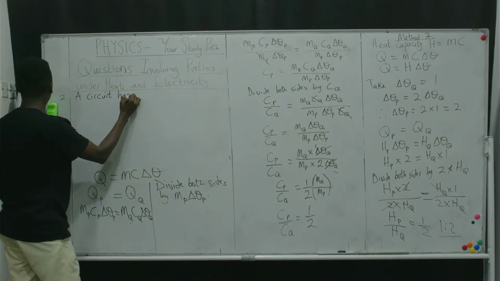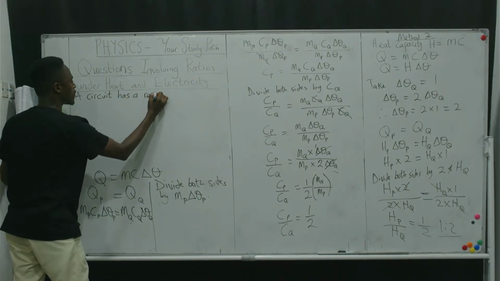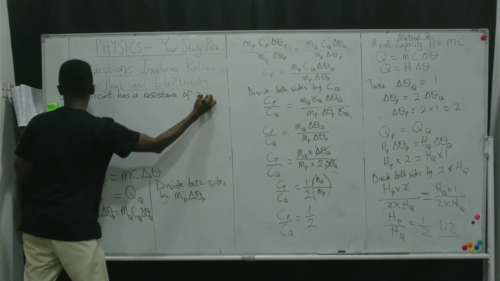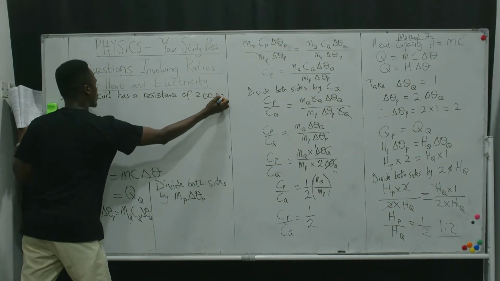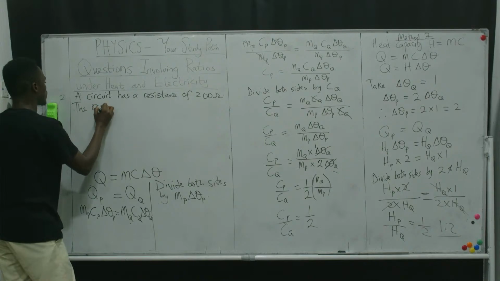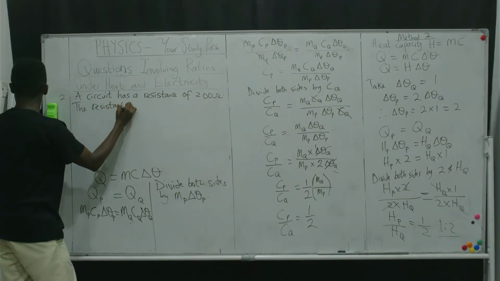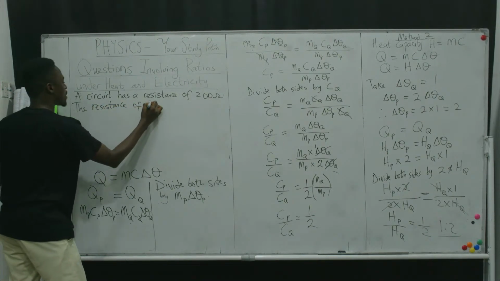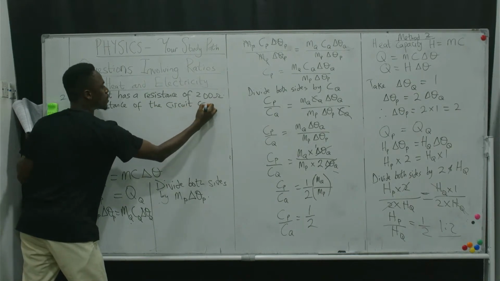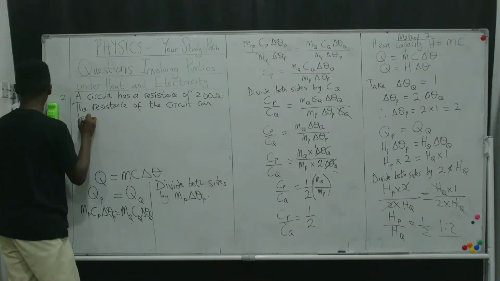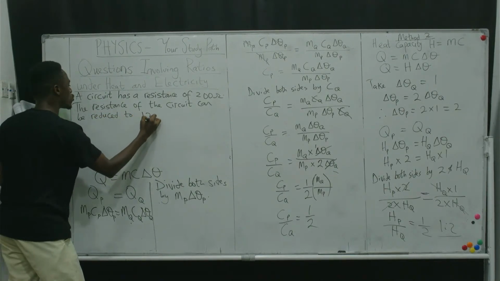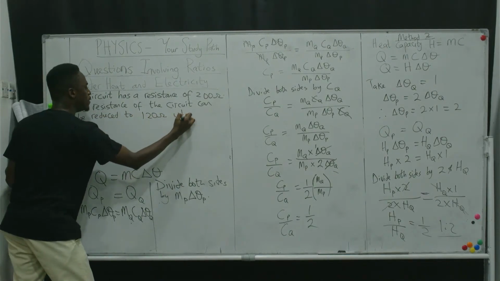A circuit has a resistance of 200 ohms. The resistance of the circuit can be reduced to 120 ohms when?